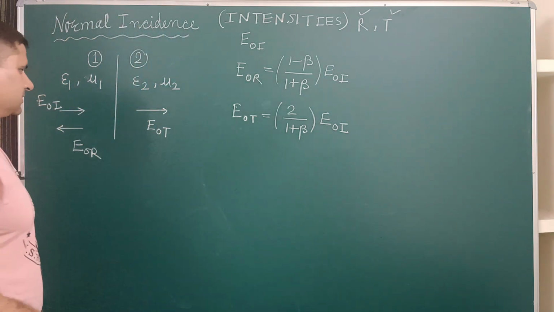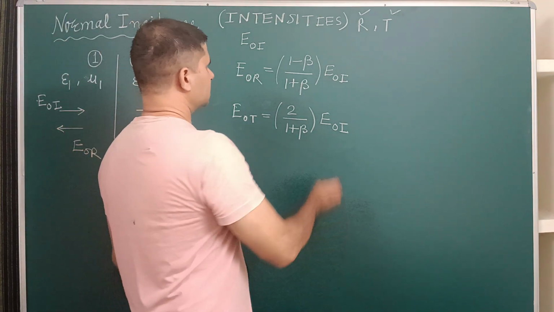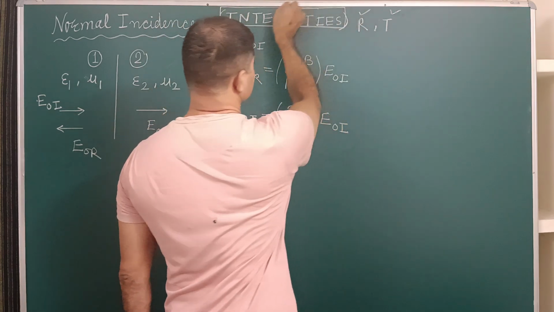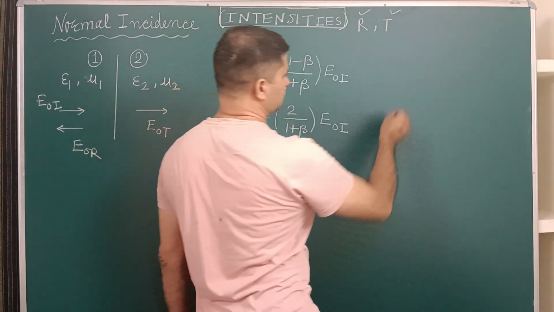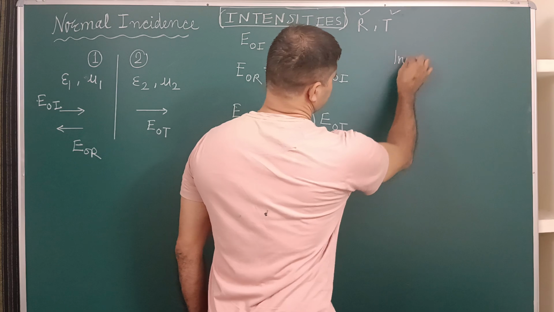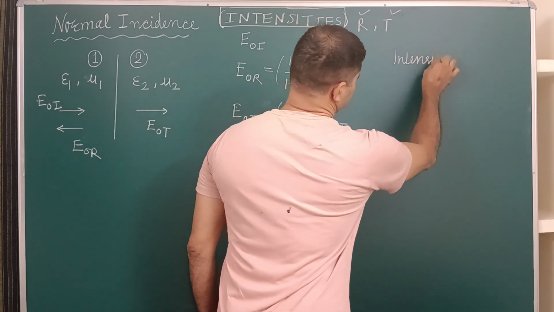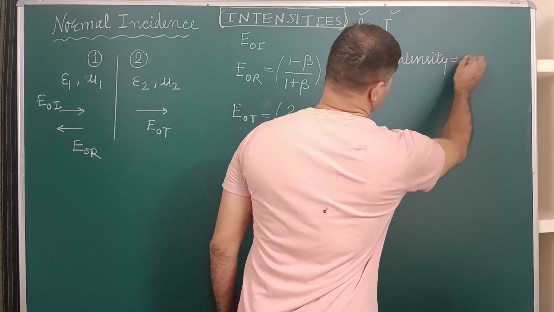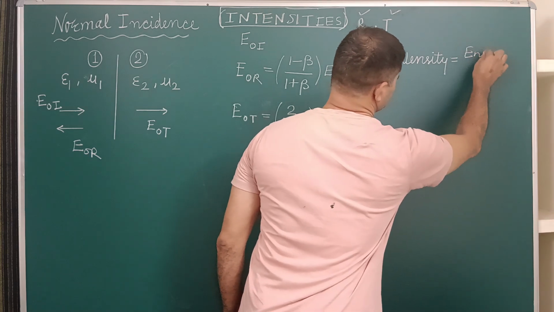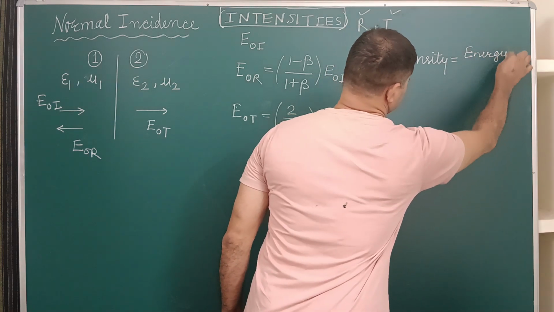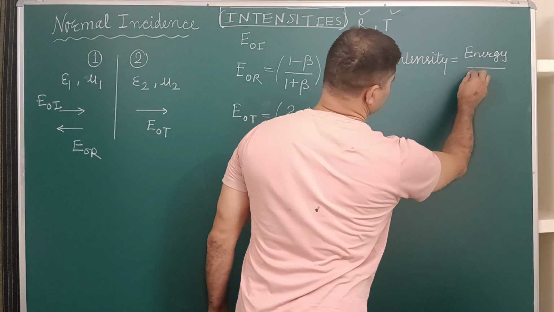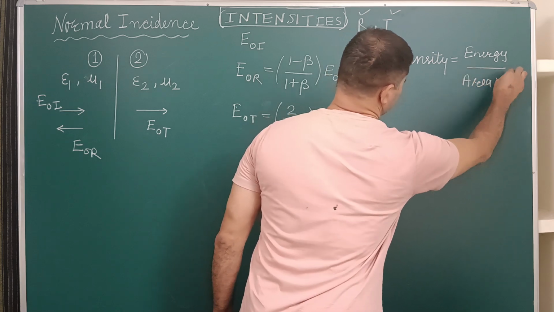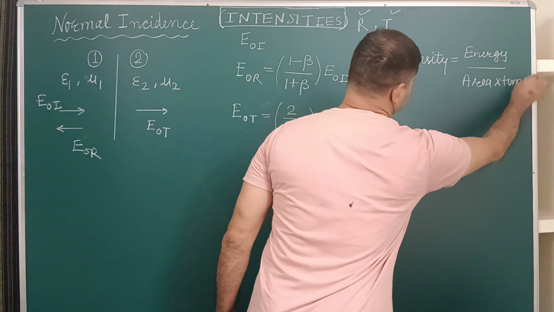So firstly we will see what the meaning of intensity is here. Intensity we call energy falling per unit area and per unit time.